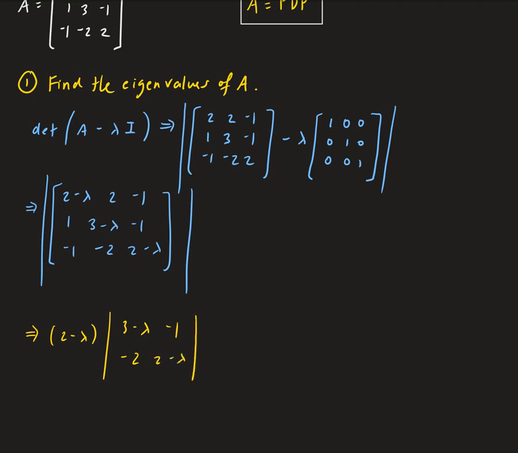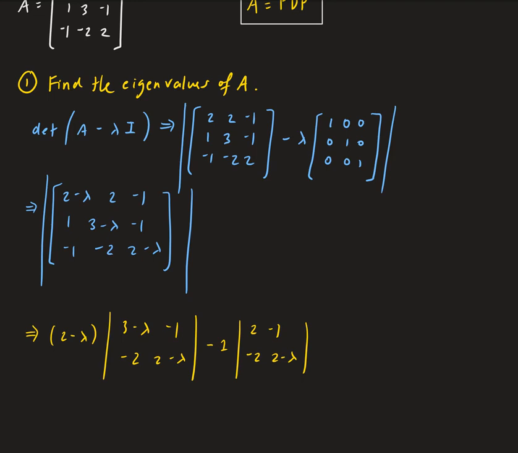Actually, sorry, I'm going to use the first column, not the first row. So we have minus 1, because we have positive and negative, times the determinant of 2, negative 1, negative 2, and 2 minus lambda.